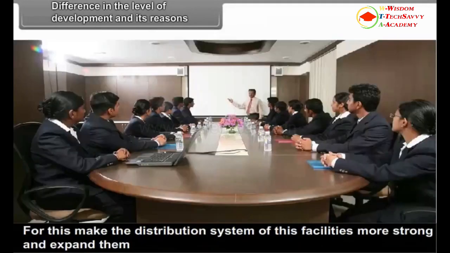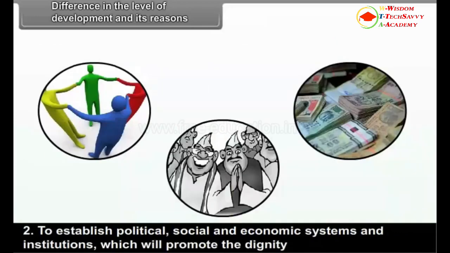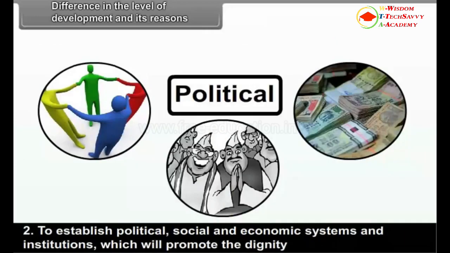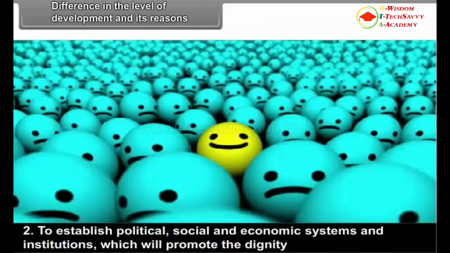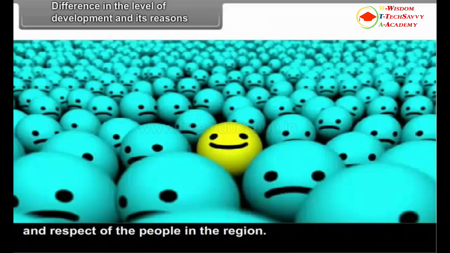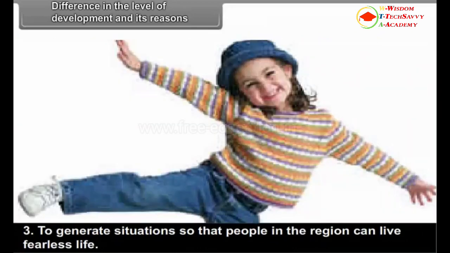For this, make the distribution system of these facilities stronger and expand them, and through this raise the standard of living of the people. To establish political, social and economic systems and institutions which will promote the dignity and respect of the people in the region. To generate situations so that people in the region can live a fearless life.